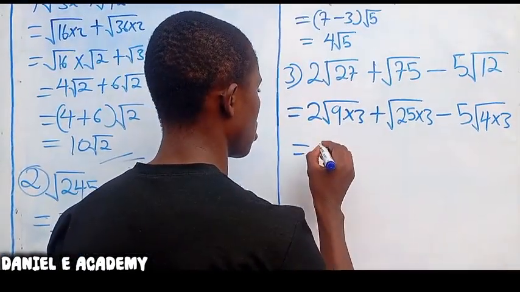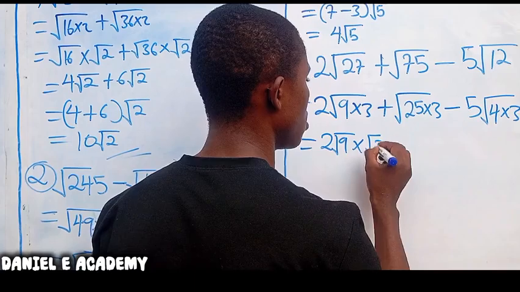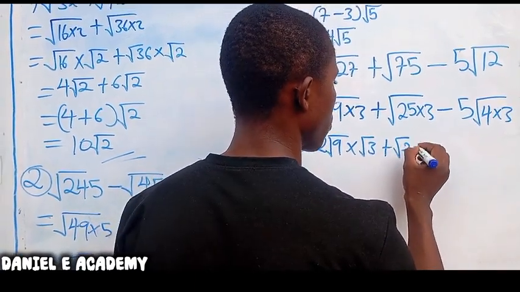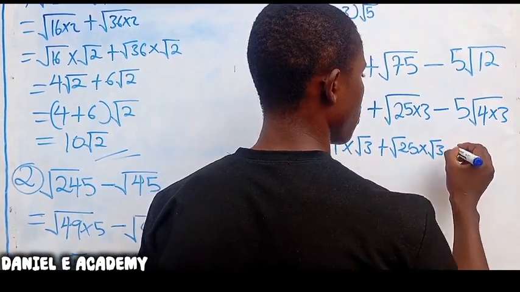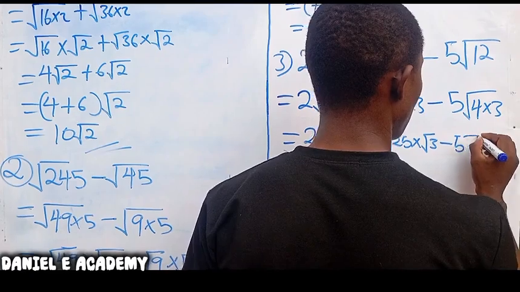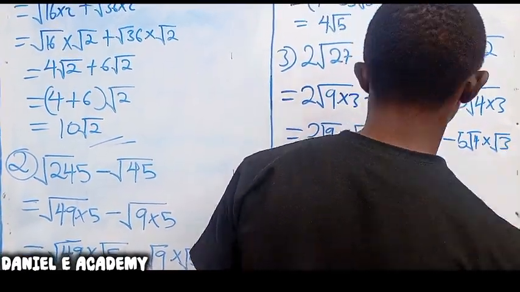Or it can be 2 root 9 multiplied by root 3 plus root of 25 multiplied by root 3 minus 5 root 4 multiplied by root of 3.